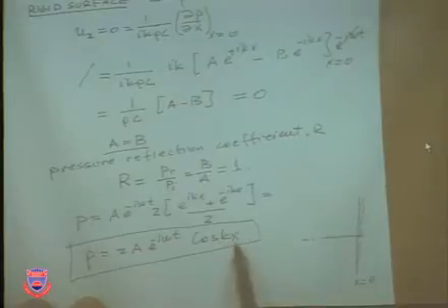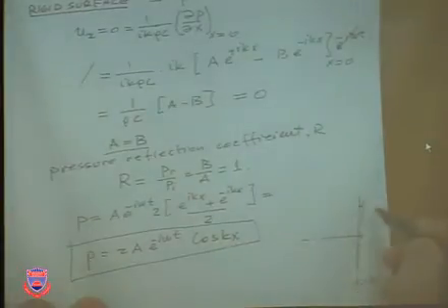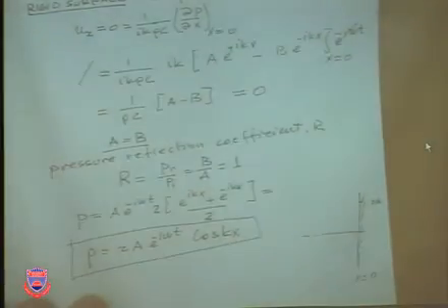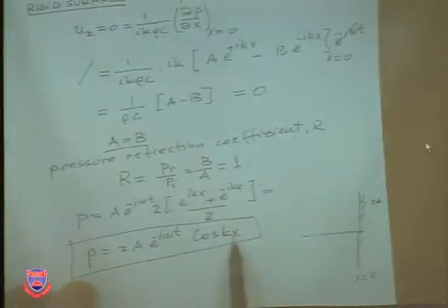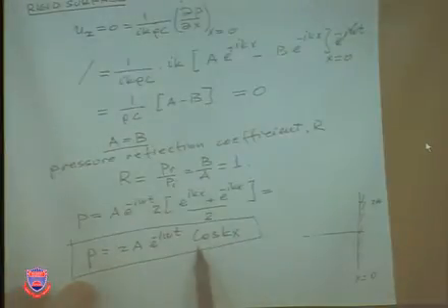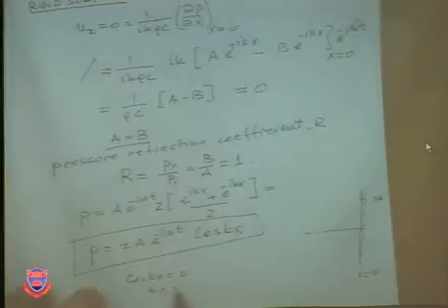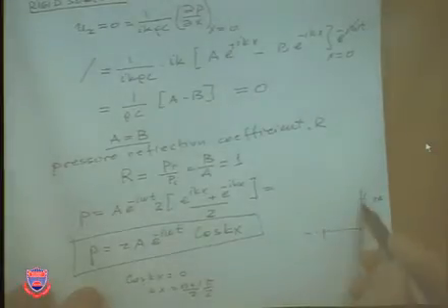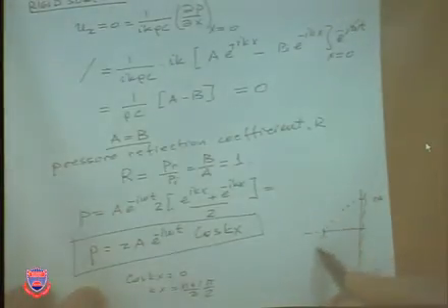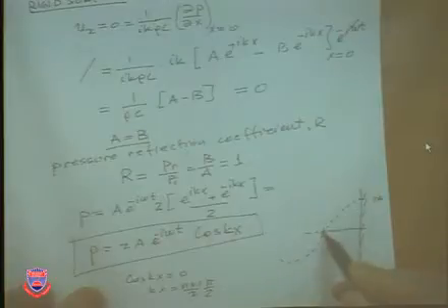Okay, at x equals 0, this is 1, so you have 2a. Now, as you go away from the surface, cosine kx, at some point, what will be a nodal line.